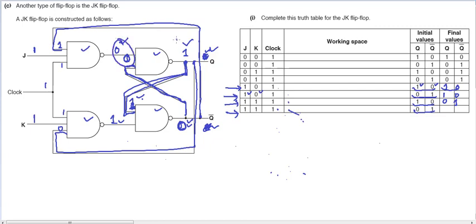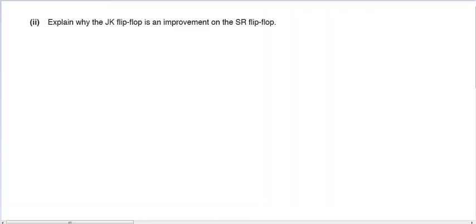When we have 0 0 at the input, this is going to give us a 1 at the output. Previously it was 1, now it is 1. So because this is not changing, we know that the system is stabilized now. So this is 1, and this is where we stop. So this is the final state. This is 1, and this is 0, which means what? Q is 1 and Q bar is 0.